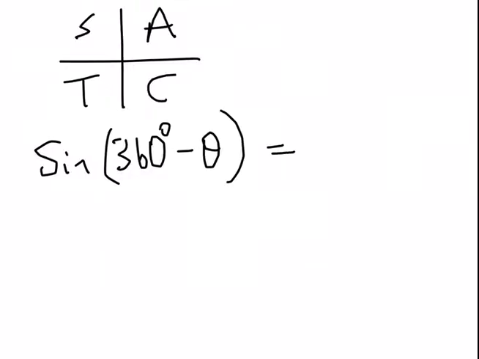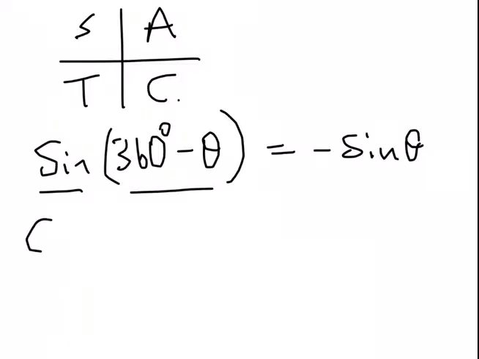You will say 360 minus, in which quadrant? Definitely quadrant number 4. In quadrant 4, is sine positive? Nope, it's not. Then it means you have negative sine of an angle.